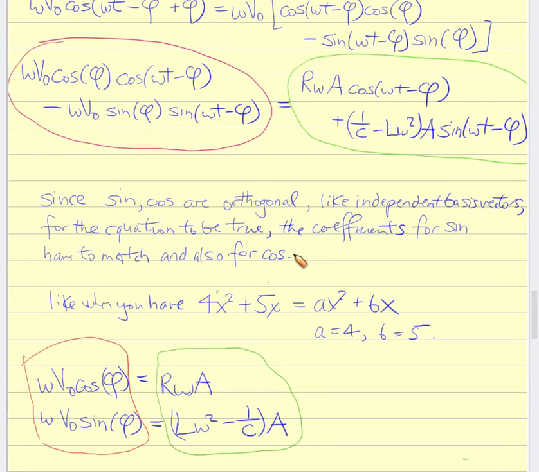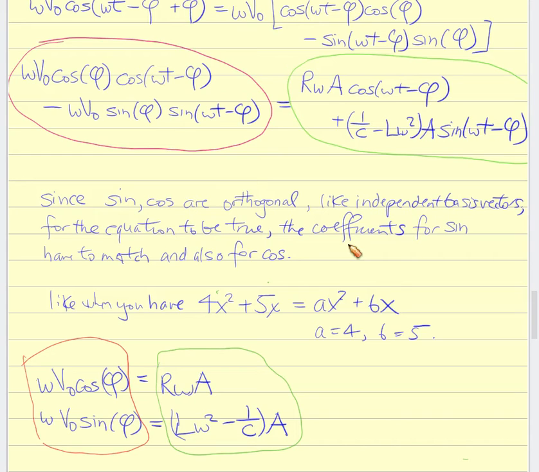Now, why can we do this? This is what comes to my mind first of all when I see this: we have one equation, and now we're setting up two equations and saying that the first half is equal to the first half, second half is equal to the second half, because they're coefficients of the same functions.